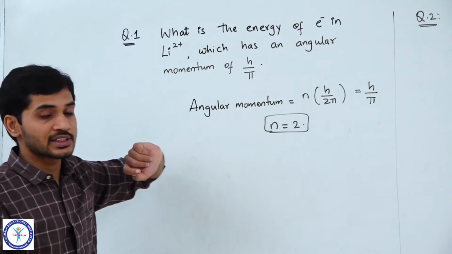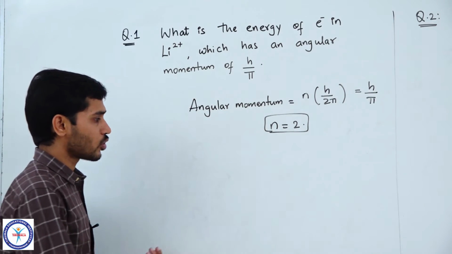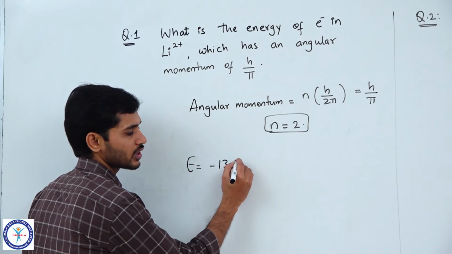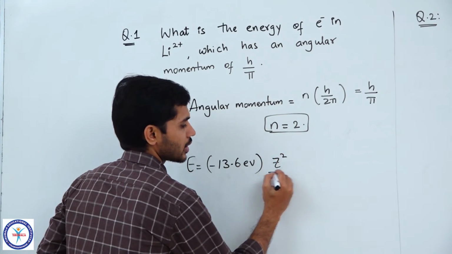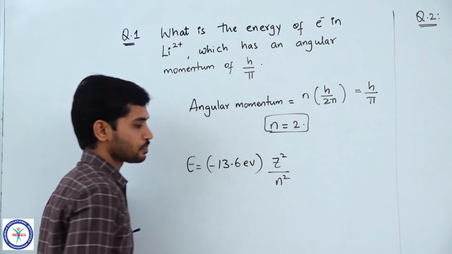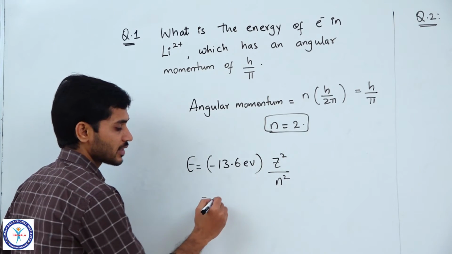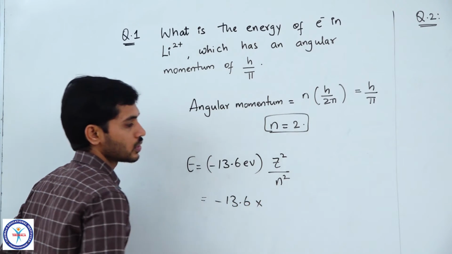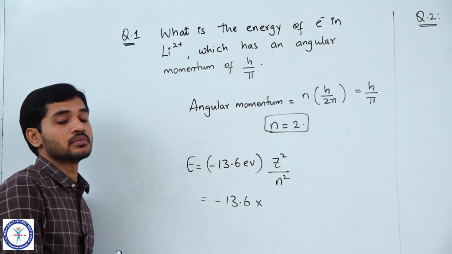So we already know the expression for energy of an electron in an nth orbit. The expression is minus 13.6 electron volts into Z square by n square. So when I simplify this, I get minus 13.6 into Z square. For Li2 plus, the atomic number for lithium is 3.